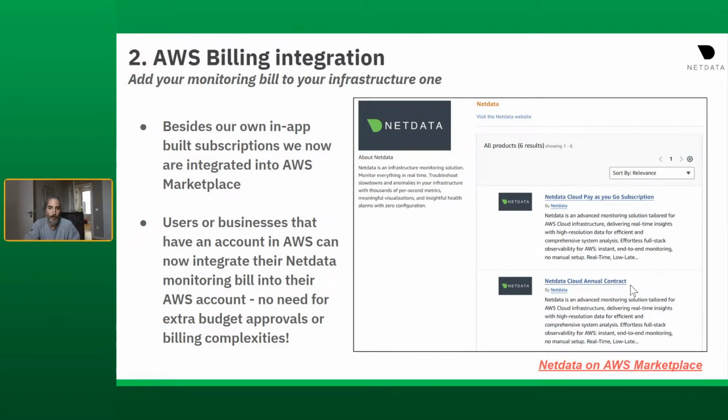You can do this from AWS Marketplace immediately on your account and start getting a subscription from Netdata integrated with your infrastructure bill. So no need for extra budget approvals or billing complexities. You get everything integrated for you.